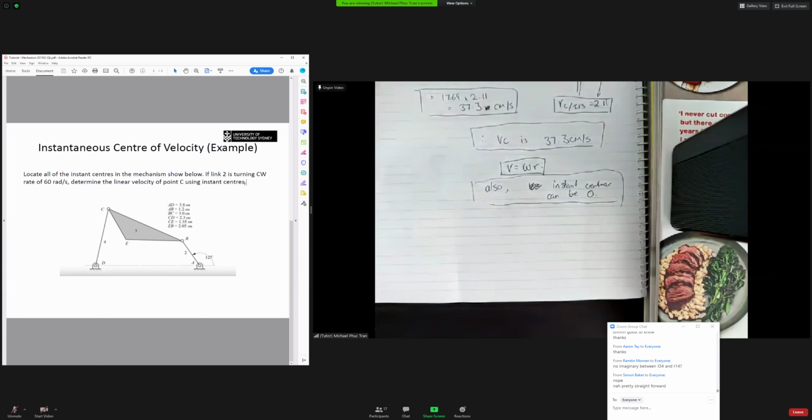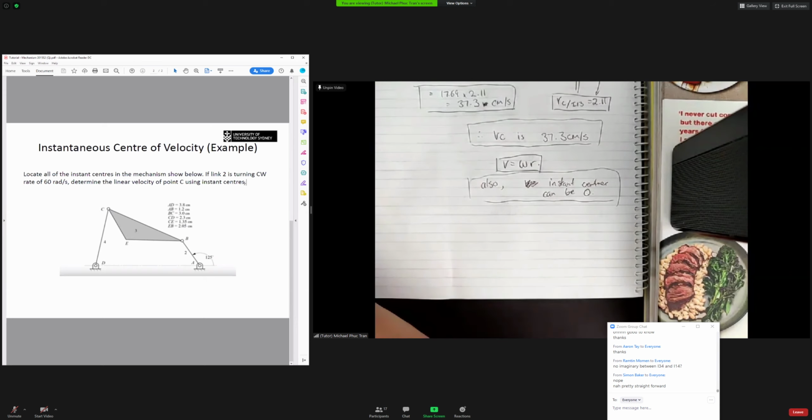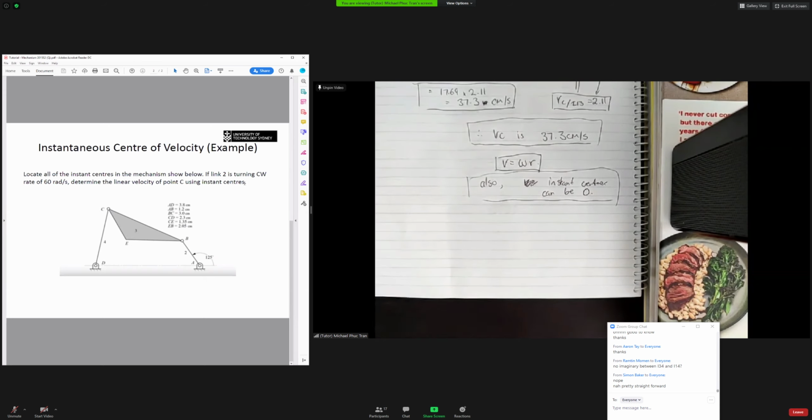If you find the relationships between the rotational speeds, you find the velocities, and then that's it. Yeah, I think it's pretty straightforward as well.